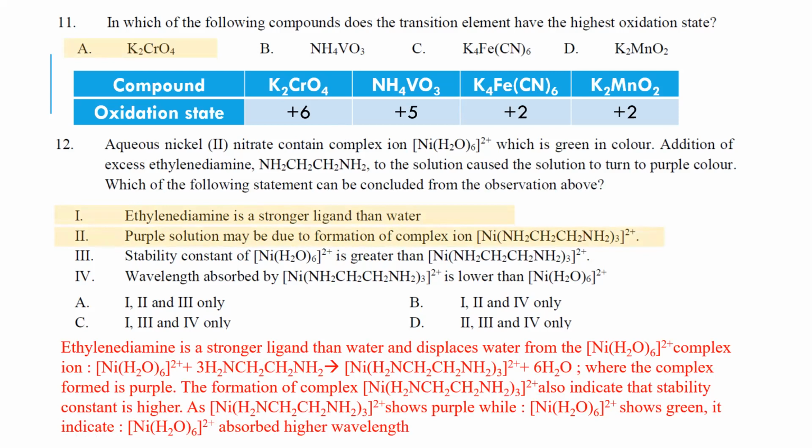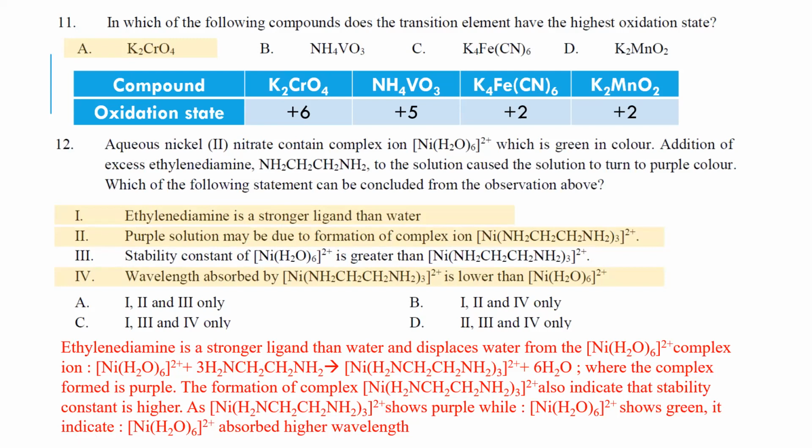Okay, so C is wrong, and then finally D, the wavelength absorbed by the complex is lower than that of [Ni(H2O)6]2+, which is correct. So how do we know that it's correct? Because it shows purple, while the aqua complex is showing green, it indicates that [Ni(H2O)6]2+ absorbs a higher wavelength. So that is how we prove this one.